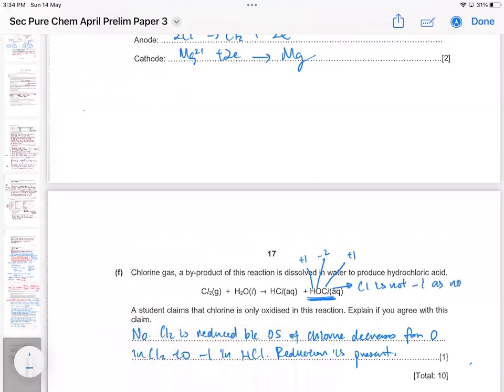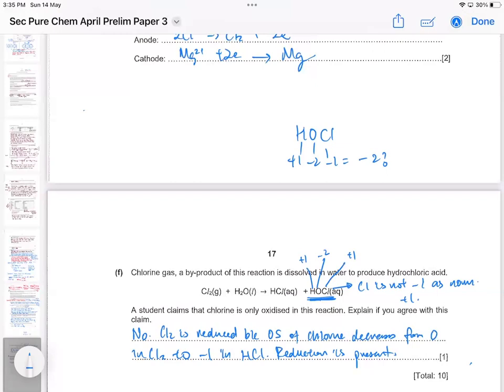As norm, it is actually +1. Because if we were to assign chlorine to be -1, this is +1, this is -2, this is -1. Then the overall oxidation state here will be -2. It is a compound, it's not an ion. If it's not an ion, it cannot have a charge. So as a compound, someone has to sacrifice it. And the one that was sacrificed is chlorine.